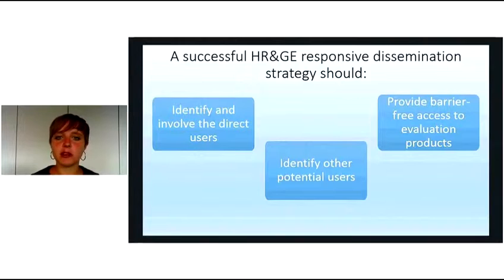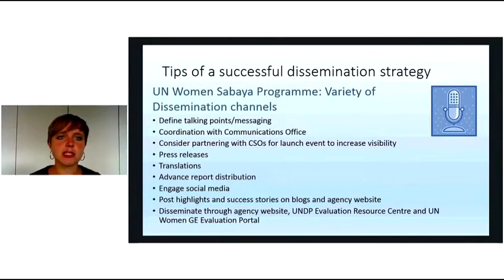Next, they also did some great things for targeted dissemination. Dissemination planning should identify a diversity of channels and formats that reach different audiences, for example, through things like imagery, theater, poetry, or music. The Sabea program did the following things, and they can be thought of as a sort of checklist for an evaluation launch. Define talking points and messaging. Coordinate with the communications office.